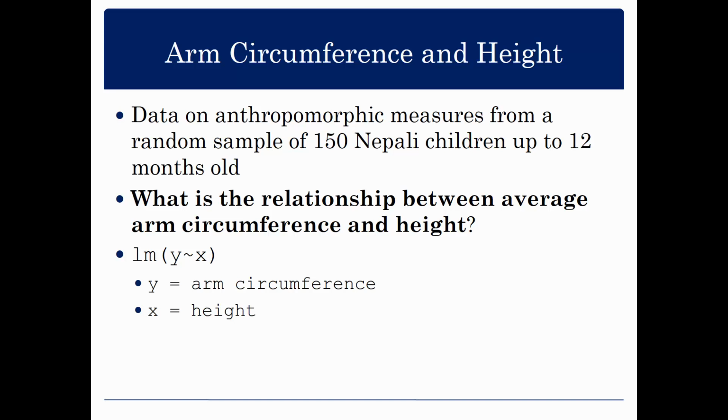So the way that you would fit this in a tool like RStudio, there's a function called lm, which just stands for linear model. A linear model is just a linear regression. And you have your response, your dependent variable, and then a little tilde, and then just list out your predictors. Here we only have one. So x is height, y is arm circumference. We have 150 observations. And notice the individual children are from birth to 12 months old.